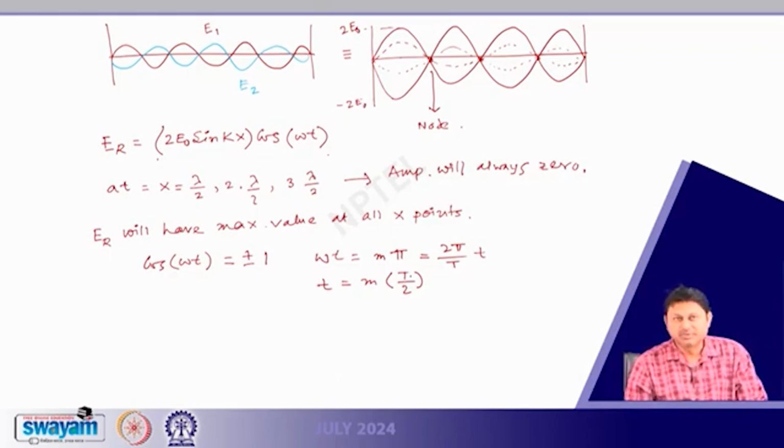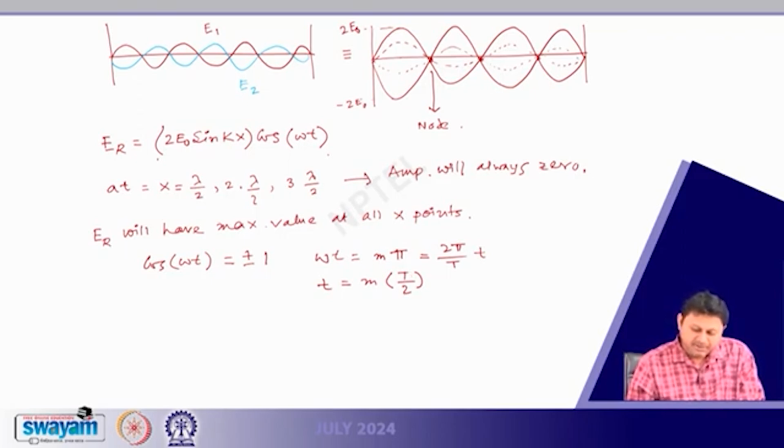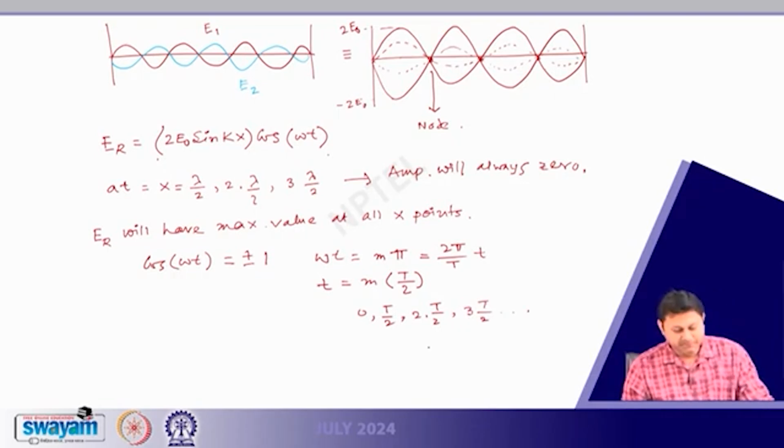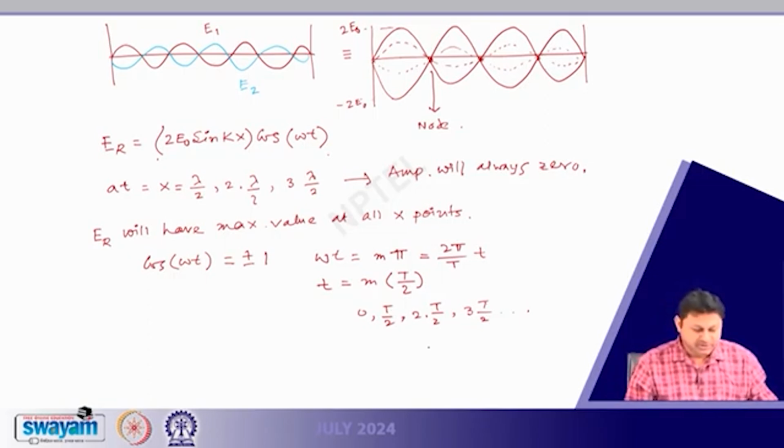If we know the frequency omega, then I can find out the time period, and from that time period we can find out the times at which this goes to a maximum value. For example, it happens at 0, then T by 2, then 2 times T by 2, then 3 multiplied by T by 2. It is simply the integer multiples of T by 2 at which it has the maximum amplitude.